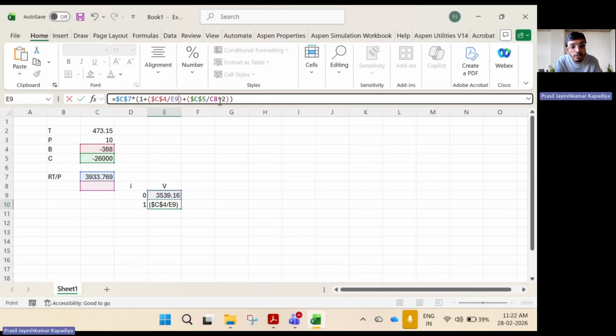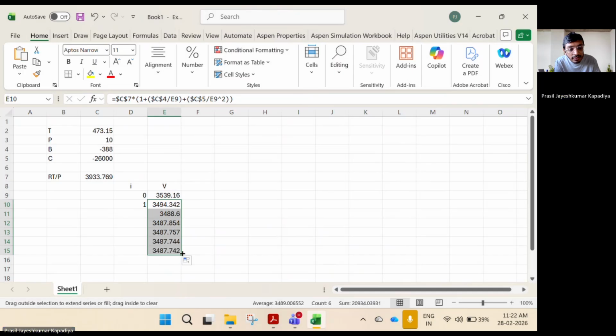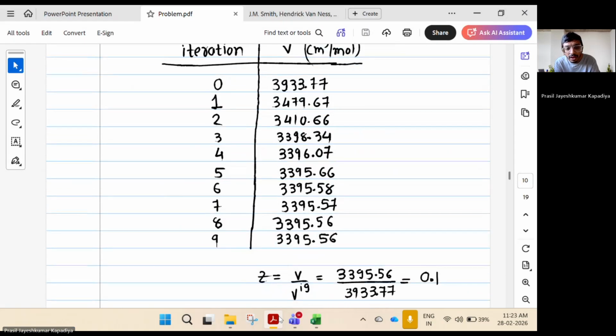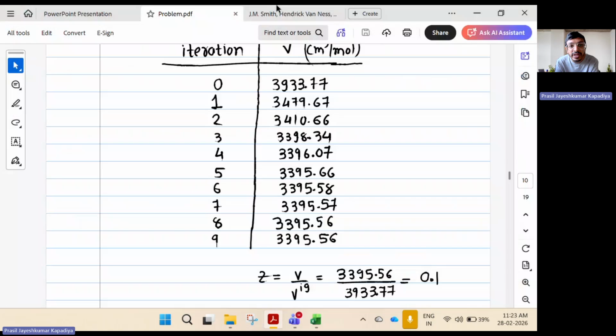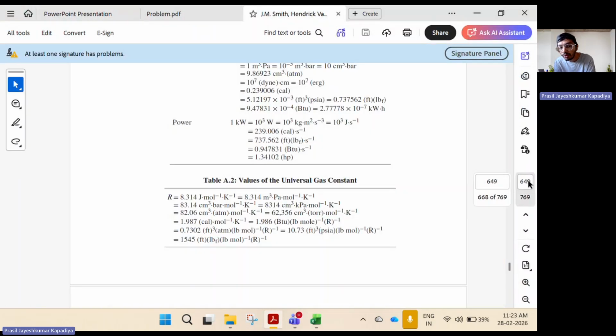My initial guess of volume is this term. This is what I get, and if I extend it, I find that after some iterations I'm getting a constant volume of 3487.742. I need to check this with the book. It is example 3.8, page 94.